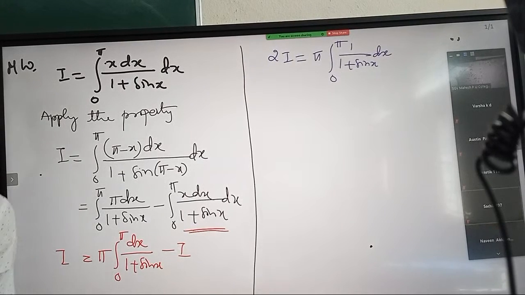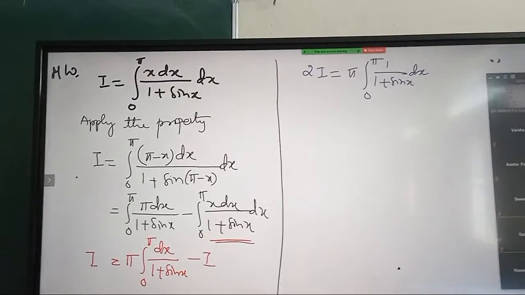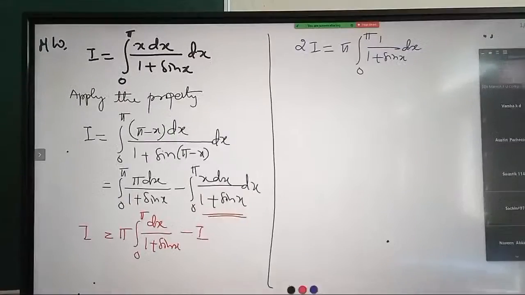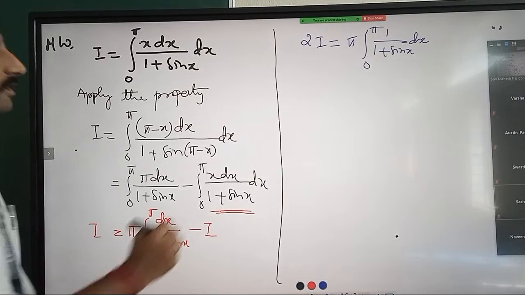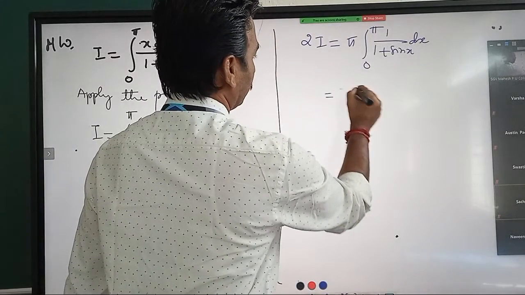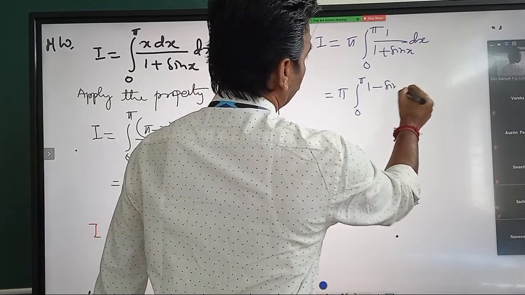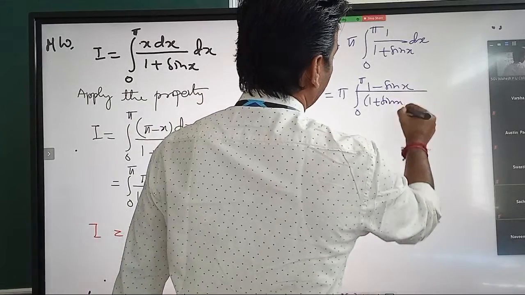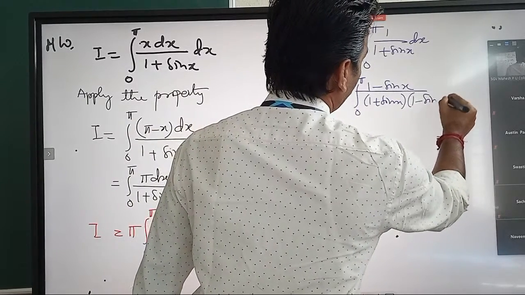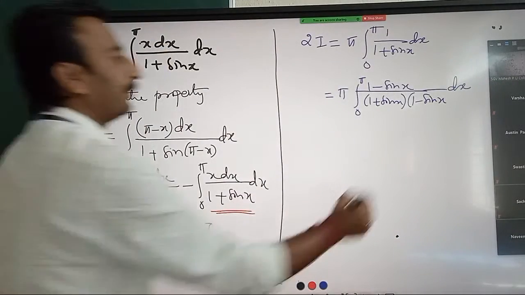Yes, simply multiply and divide by 1 minus sin x. 0 to pi, (1 minus sin x) divided by (1 plus sin x) into (1 minus sin x), which is my new form.